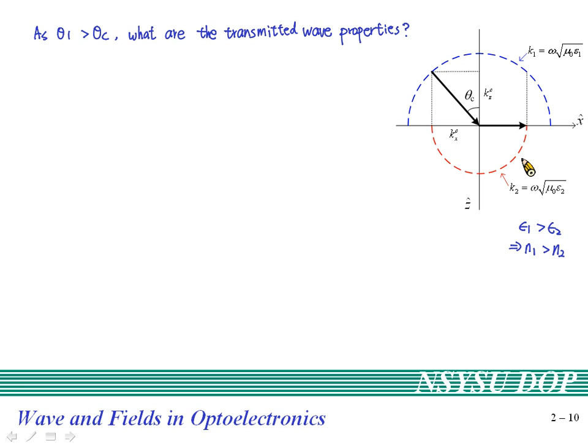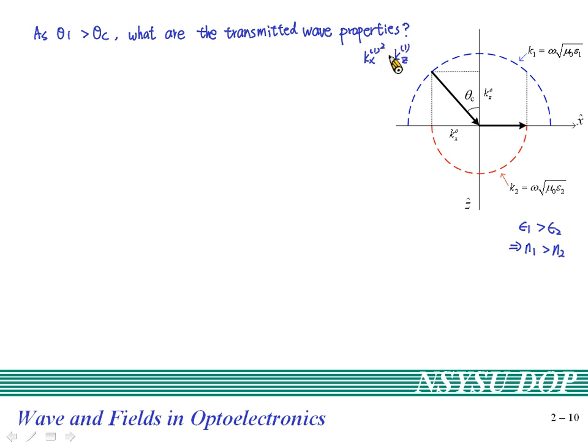Okay? You may ask why they form a semicircle here. As we know, for a plane wave propagating in material 1, the k vector will have two components. We call them kx1 and kz1. Okay?